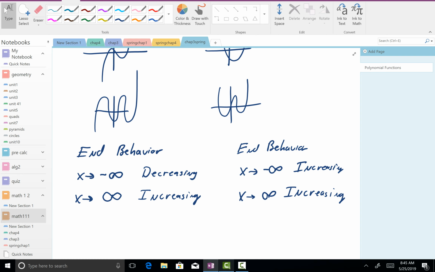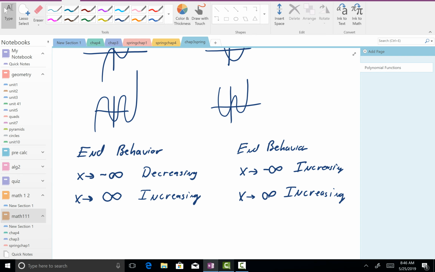If it's an even degree, then at c, it's going to bounce off, okay, like that. It could be flat there, but it's going to bounce off. And those are called, like I said, multiplicities, all right?